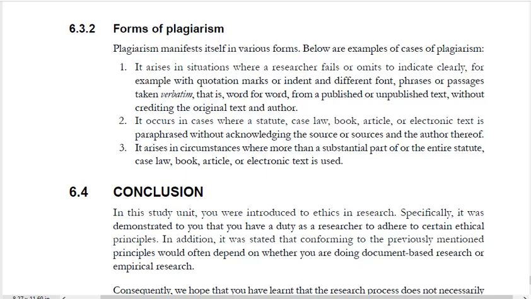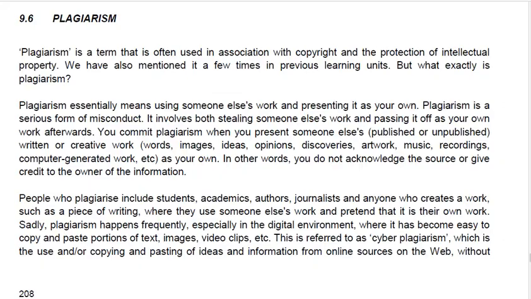And I found something quite interesting there. Let's just go and check it out. You see here that plagiarism, you are going to understand fully when I read everything here.